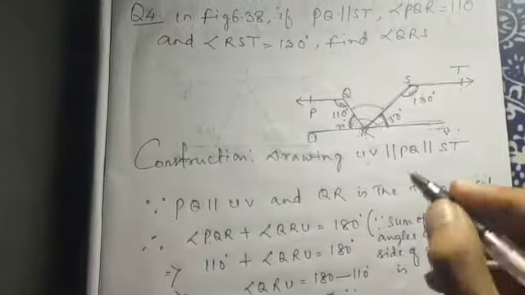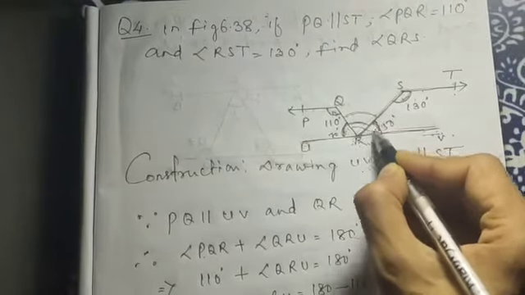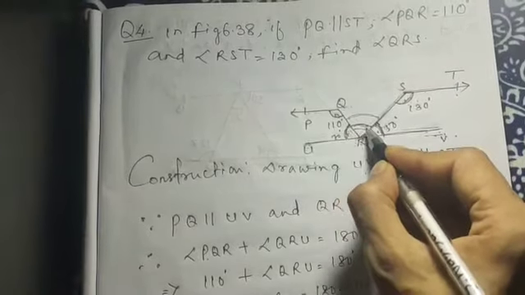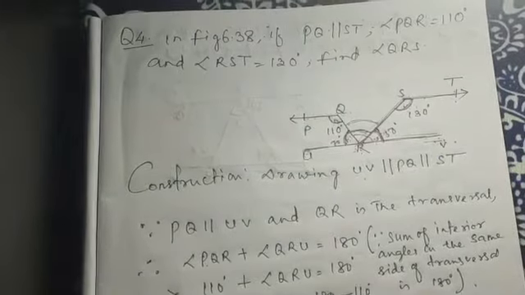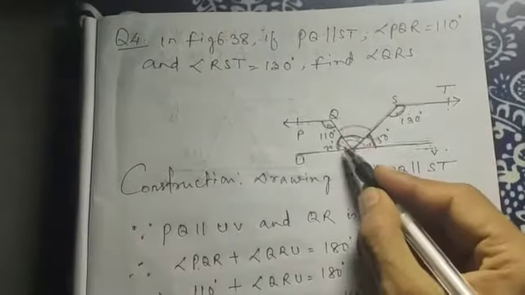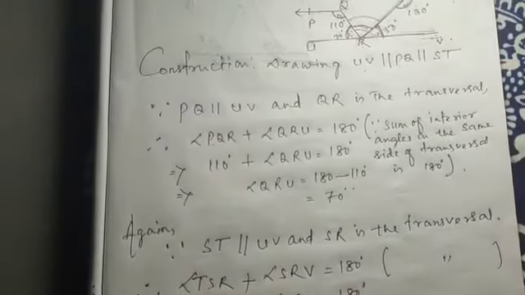Now see, students, this angle plus this angle plus this angle is making a half circle, yes or no? So that means this angle plus this angle plus this angle is equal to 180 degrees because of the straight line. They are forming a straight line. So this angle name is URQ or QRU, whatever.